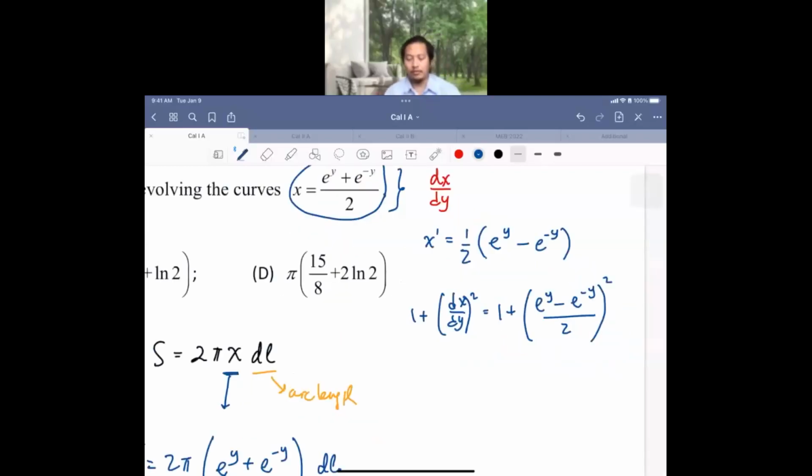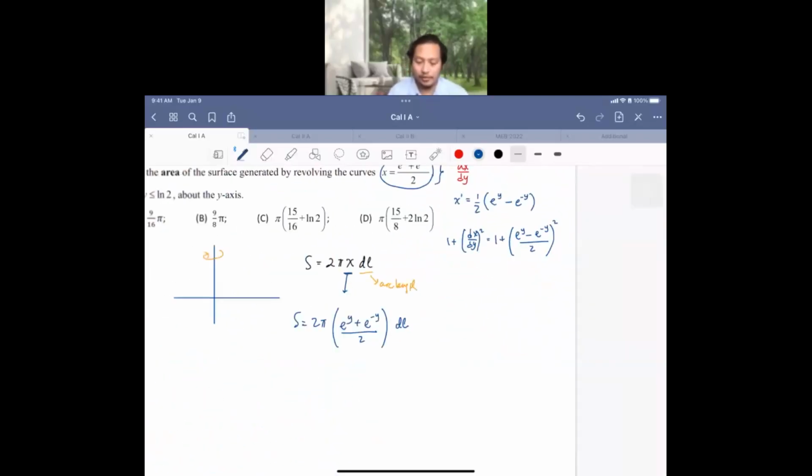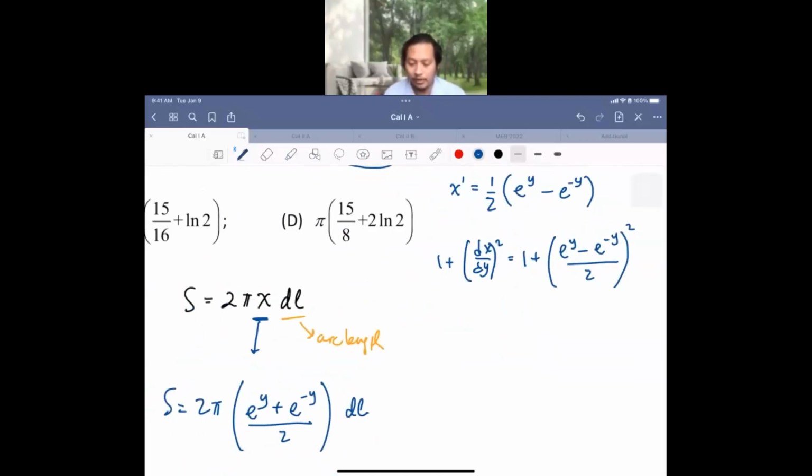Okay. Now let's take time to look at our equation here. 1 plus, we take the expansion. Now this is interesting. We have 2 e^y multiplied with 1 over e^y, so it's just negative 2, right?